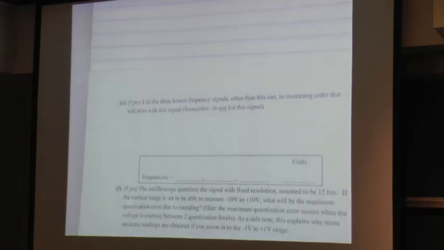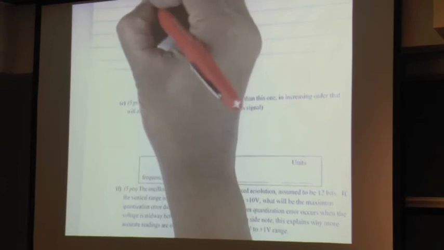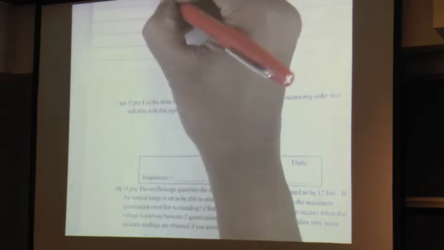So in this case, there are 12 bits in quantization. Can you see that? No. Okay.